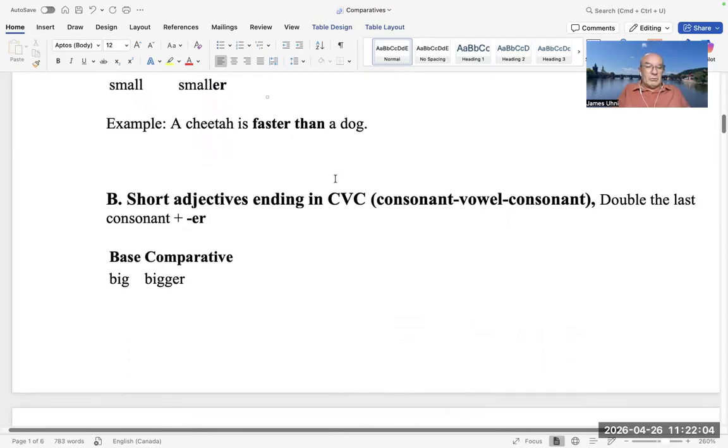So let's go to short adjectives ending in CVC. Wow, what is that? Consonant, vowel, consonant. Now we have to remember what is consonant. So let's make it simple. What is vowel? Vowels are A, E, I, O, U, sometimes Y. Consonants are the rest of the alphabet.